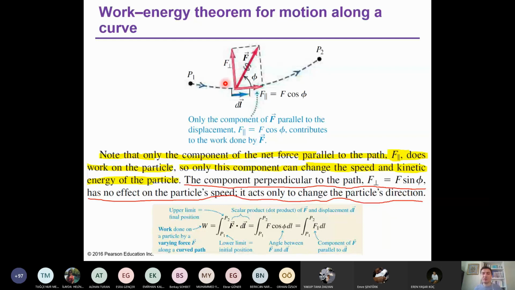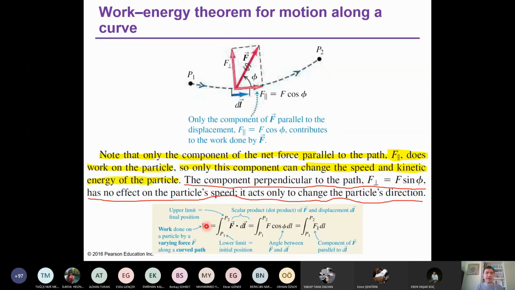This perpendicular component helps us to change the particle's direction, okay? This component only changes direction, but the speed and kinetic energy of the particle is changed by this parallel component. So then we have work done by a varying force acting on a particle along a curved path.